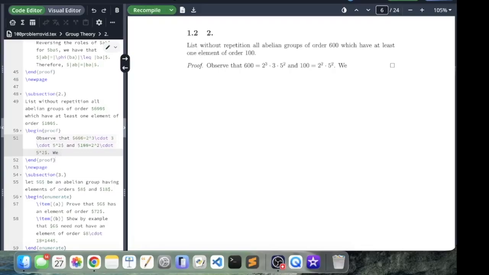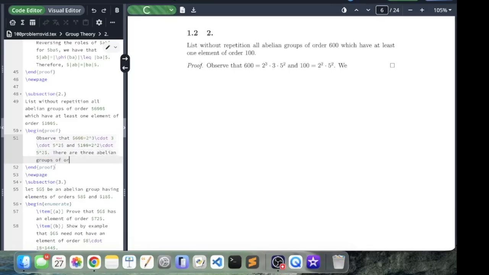How should we say this? So, abelian groups of order 8. There are 3 abelian groups of order 8.